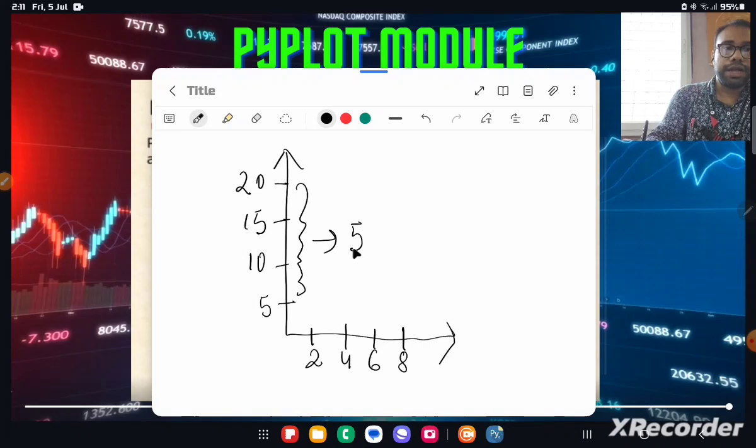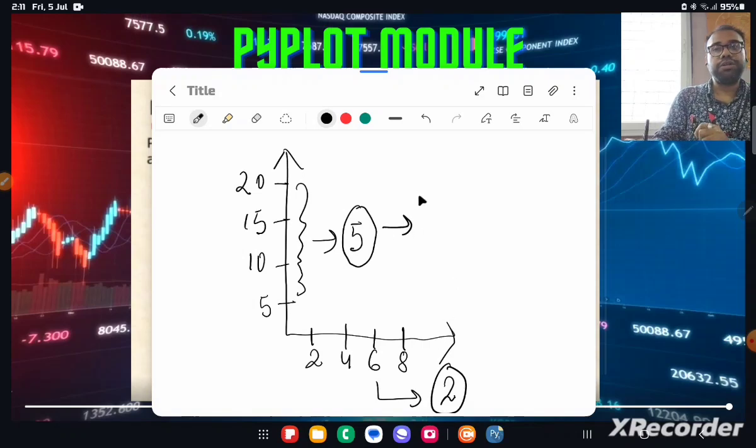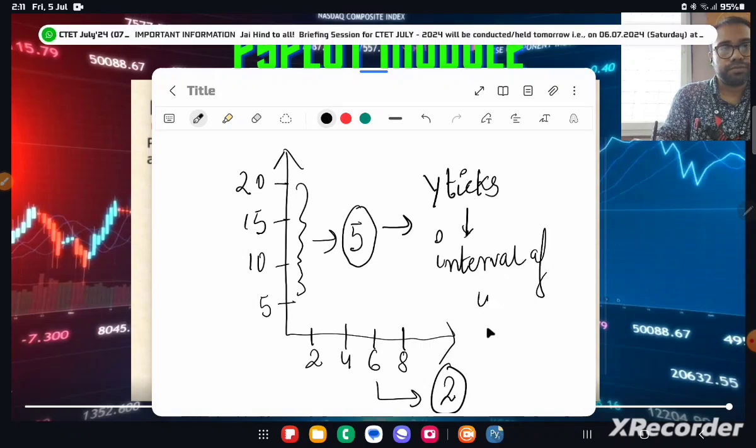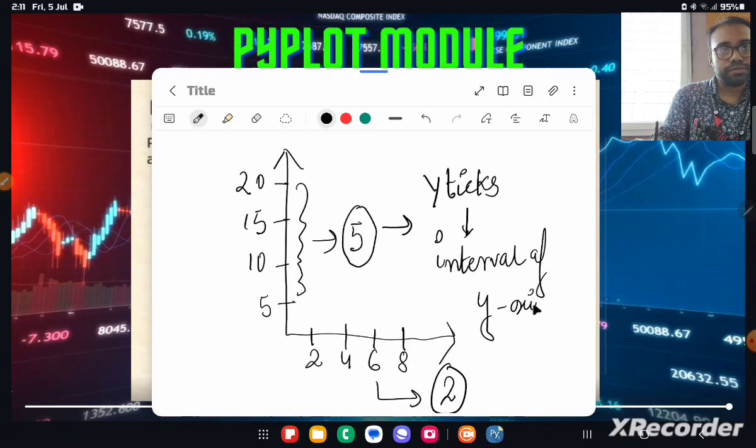That is, the y-axis increases by a value of 5, and this increases by a value of 2. So this is what it means: y ticks means the interval of the y-axis, whereas x ticks refer to the interval of the x-axis.